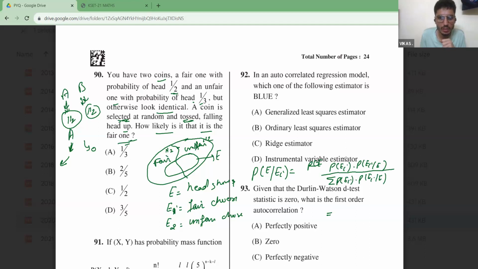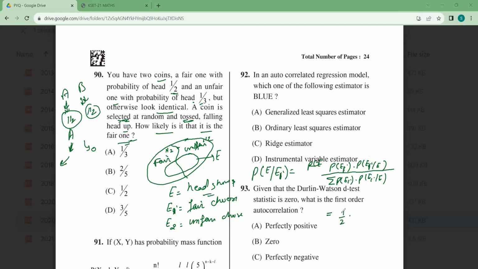What is the probability of choosing E_i? 1 by 2. Then what is the probability that head has shown, given E1? 1 by 2.